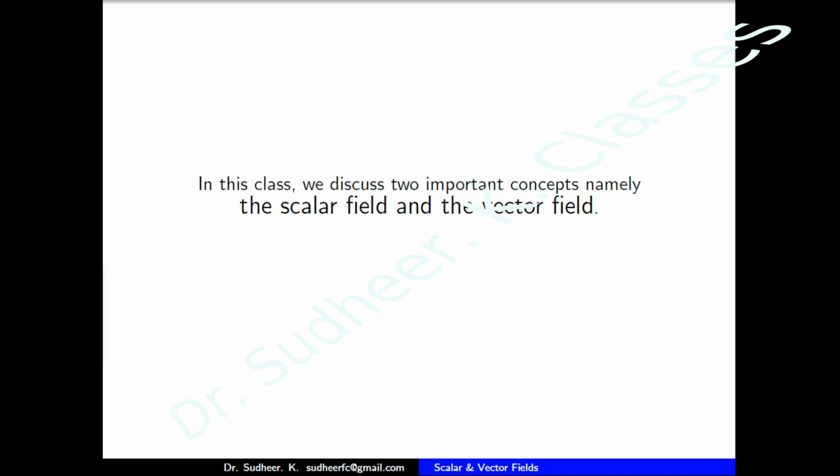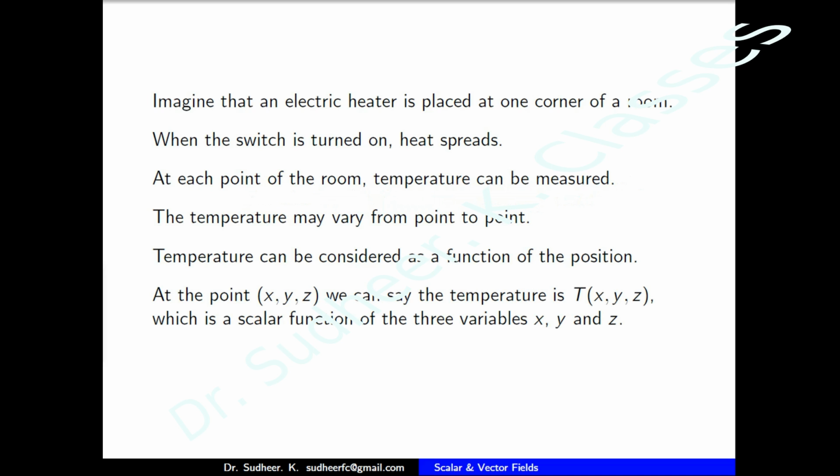Before going into the actual definition, let us look at a real-life situation. Imagine that an electric heater is placed at one corner of a room. When the switch is turned on, heat spreads. At each point of the room, temperature can be measured.